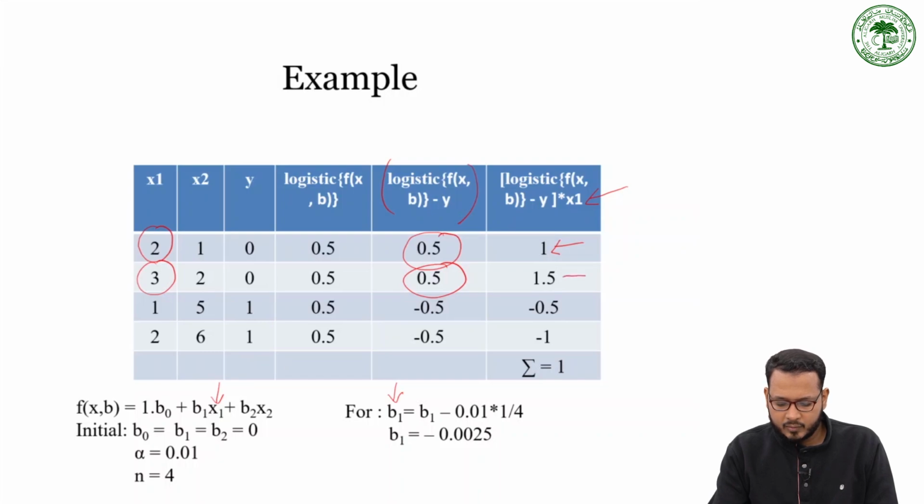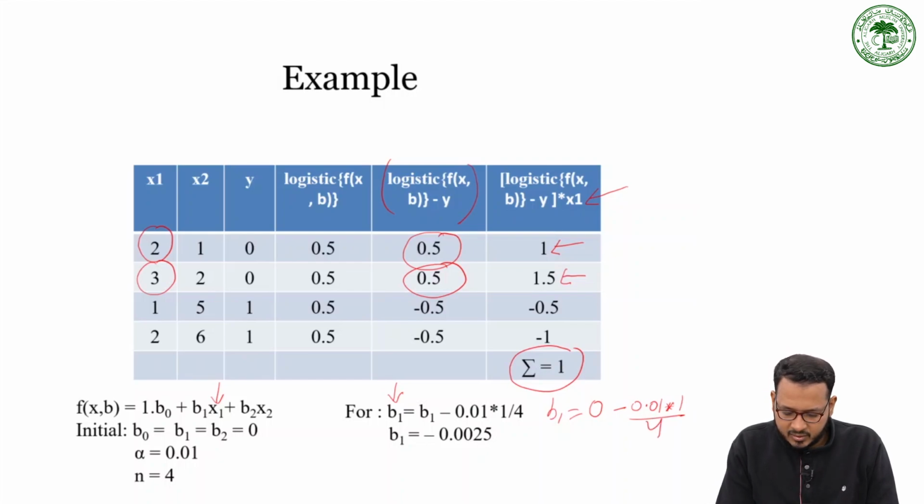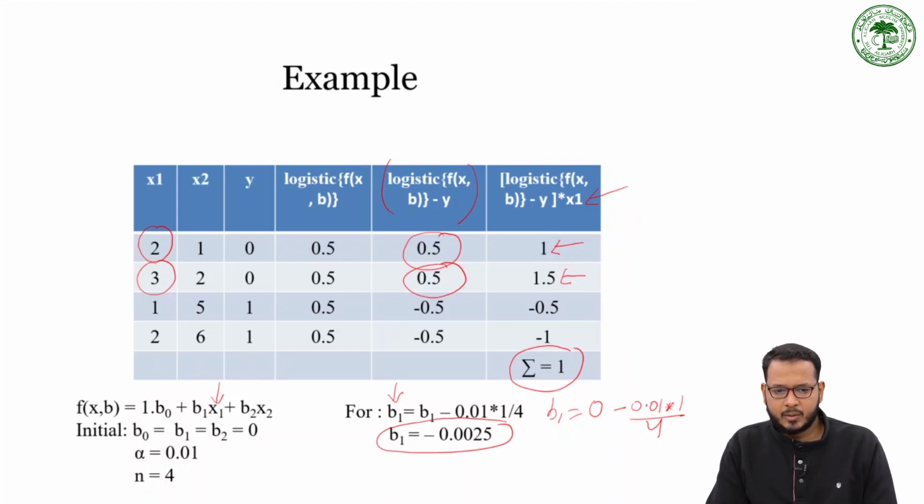The answer would be 1.5. We do the same process for the rest of the rows also. When we calculate the sum, it turns out to be 1. So we will update B1 as its previous value minus the alpha value, multiplied with the sum divided by 4. This expression will give us the value 0.0025. As you can see, B1 has now changed from the value 0.